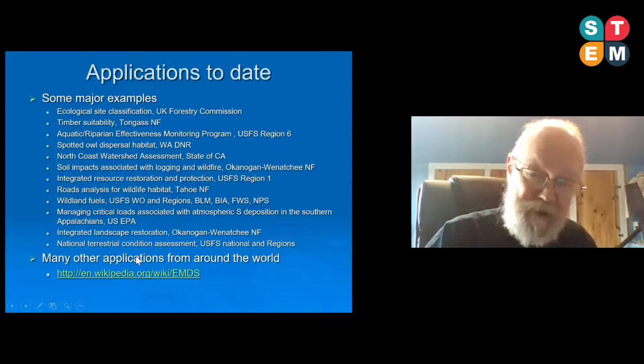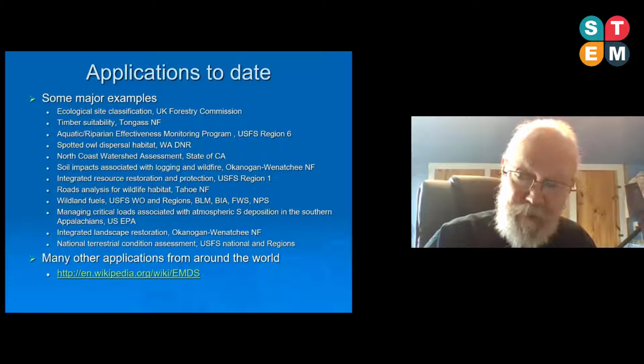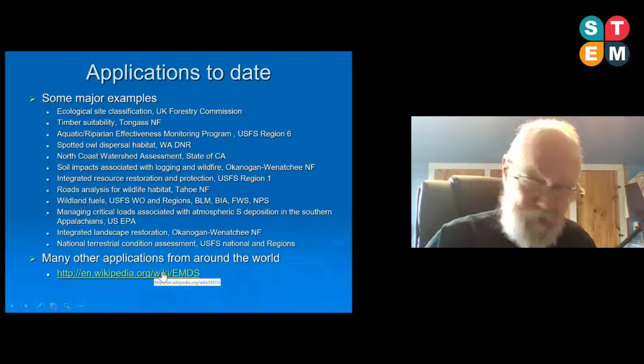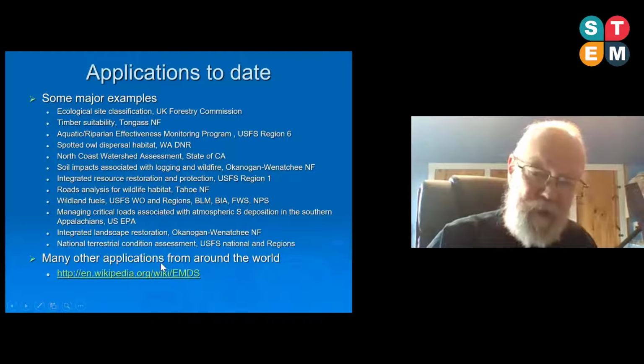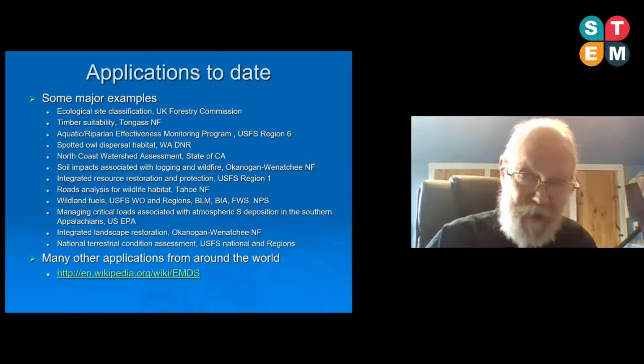There's a Wikipedia site that has virtually all the peer-reviewed publications that have been written about EMDS from the beginning. You can find it on Wikipedia. If you just type in EMDS, you can pull it up pretty easily. There you can find all the publications classified by the kinds of problems, and all the publications are available, mostly as PDFs.